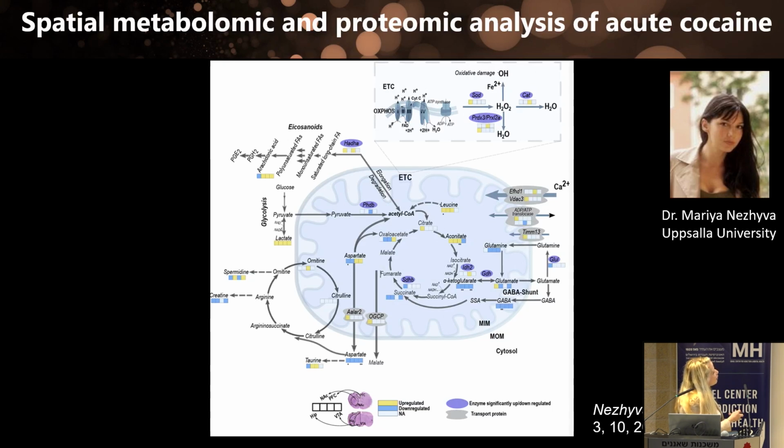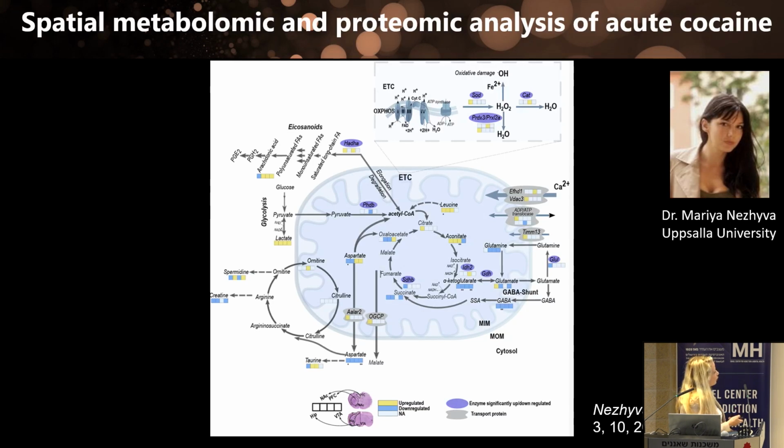Then oxaloacetate goes up in VTA, so the effects are different. In the alpha-ketoglutarate and succinate, both of them are depleted. So here we know that the TCA cycle is probably impeded for VTA somewhere here, and for prefrontal cortex and nucleus accumbens somewhere here.